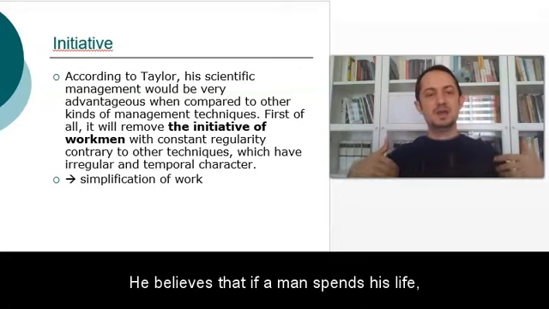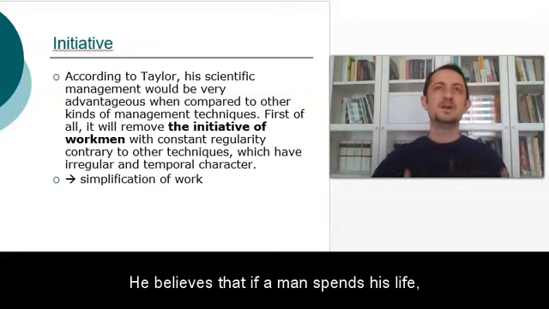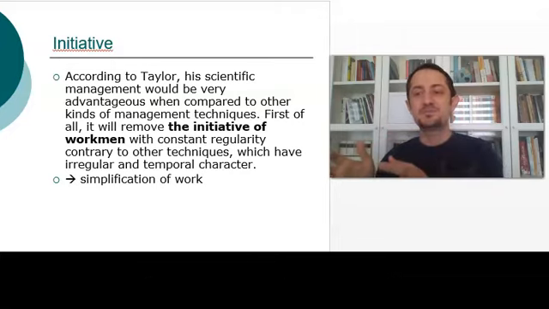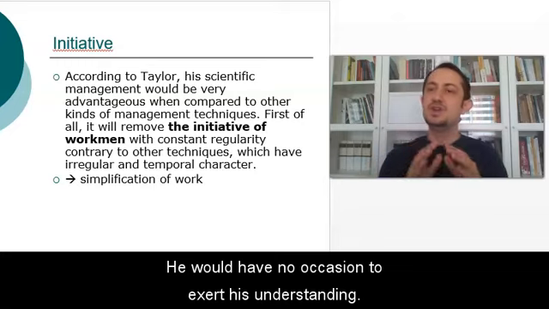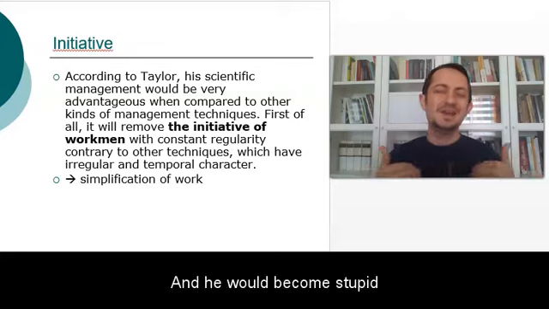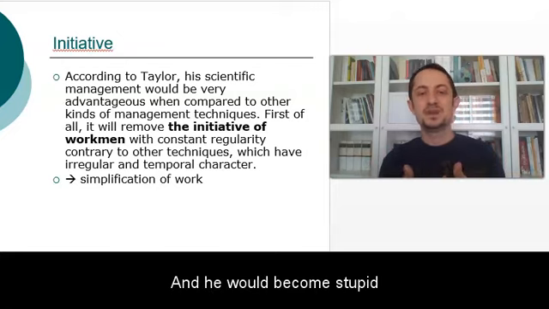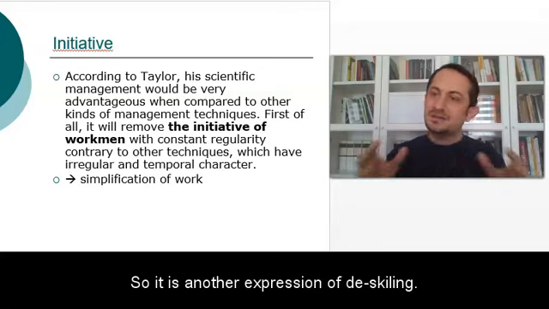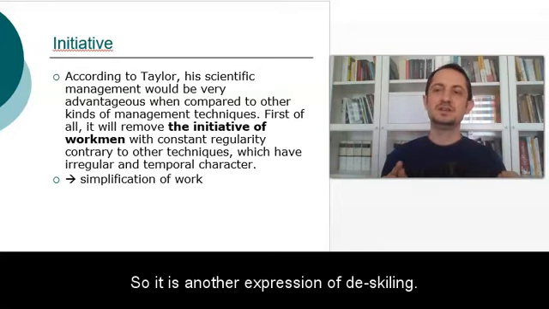He believes that if a man spends his life performing a few simple operations, then he would have no occasion to exert his understanding, and he would become stupid and ignorant. So it is another expression of de-skilling.